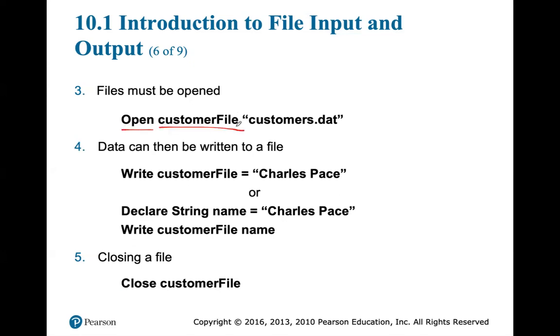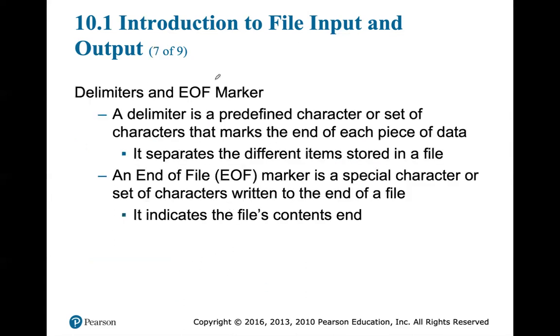Then you will specify which file you want to open with the name of that file at the end. Then you can write something to a file. Again, this is pseudocode. You'll probably have some sort of write, and then you will assign whatever you want to write to that file to the variable that holds that file. And then after that, you will just have to close that file that you have been working with.